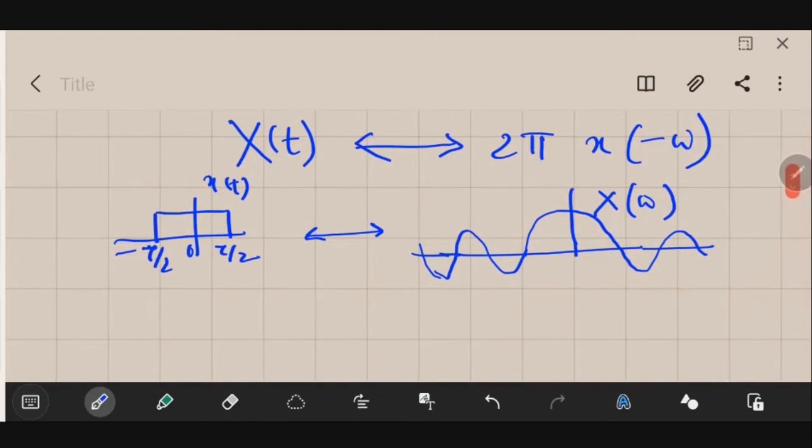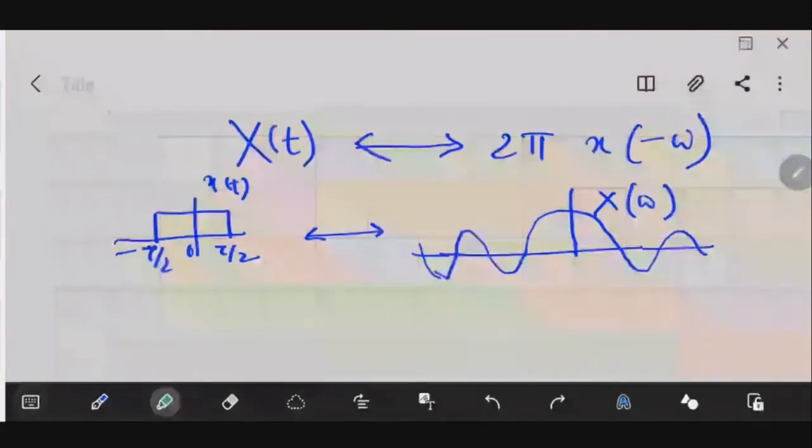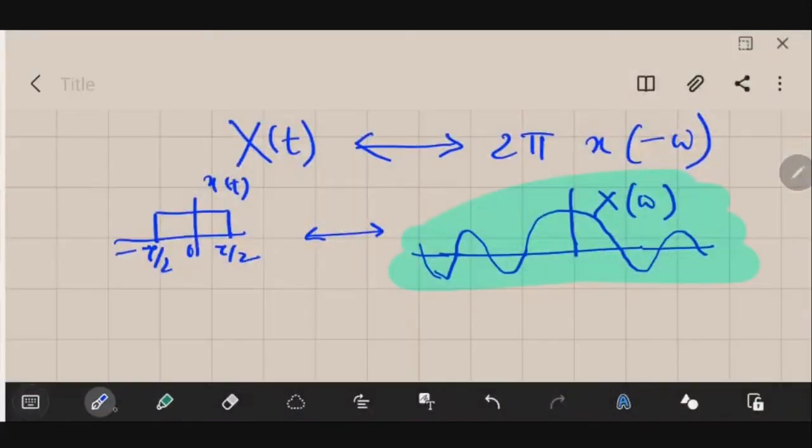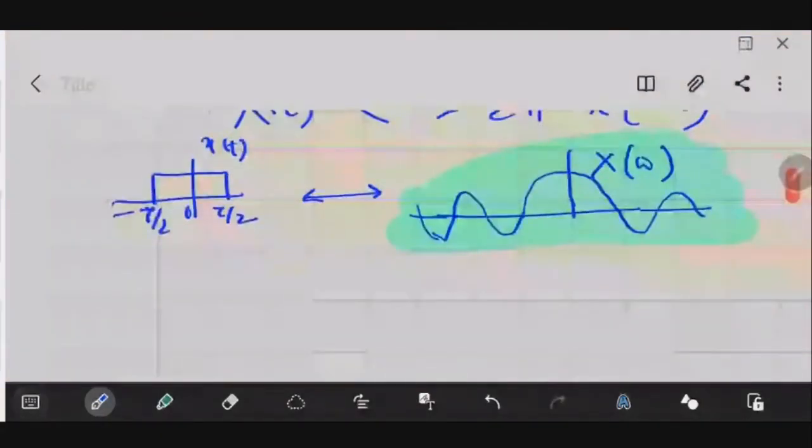Now somebody asks you to find the Fourier transform of this signal, just by interchanging omega by t. Then how will you find it? Let me show you. So this is your signal.